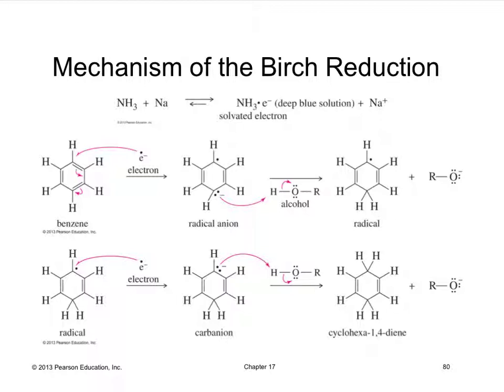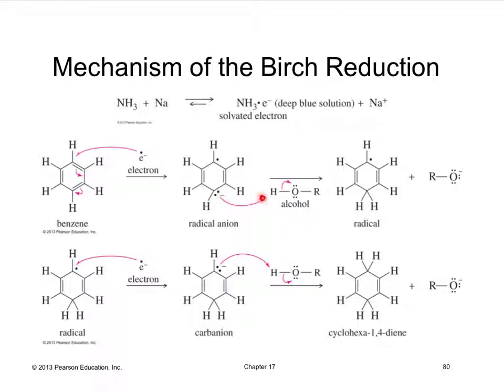Mechanism for Birch reduction: the first step is your ammonia and the sodium will generate ammonia with electrons, an ammonia cation. An electron again goes in here, and then electrons are pushed down to generate this radical anion, which we've seen before in the reduction of triple bonds into double bonds.